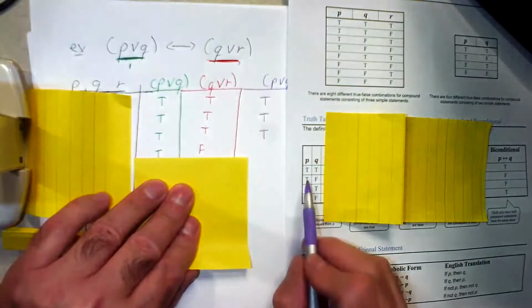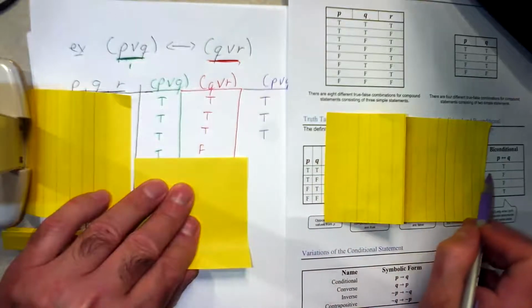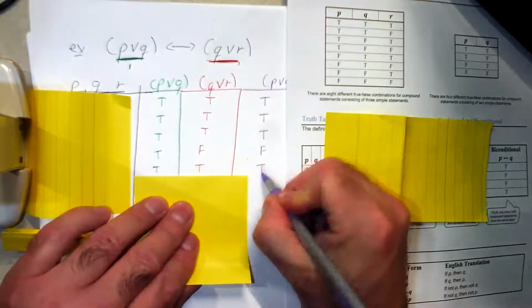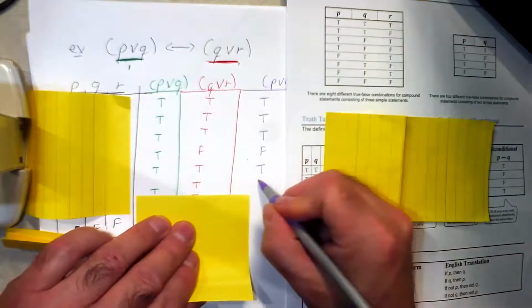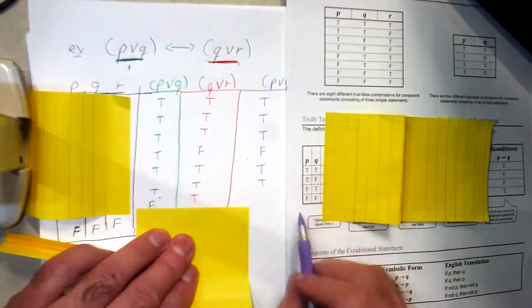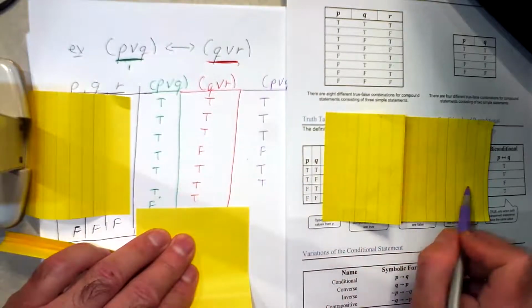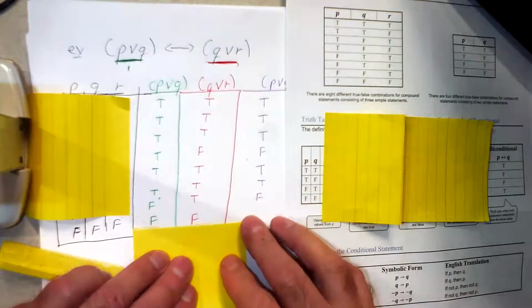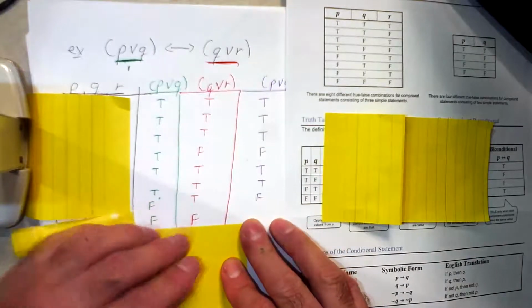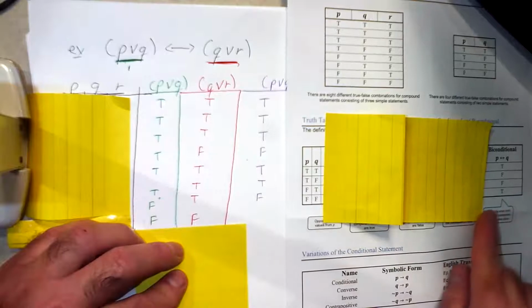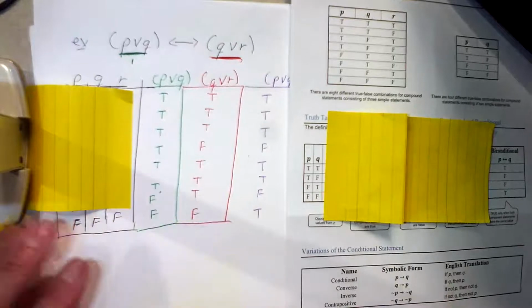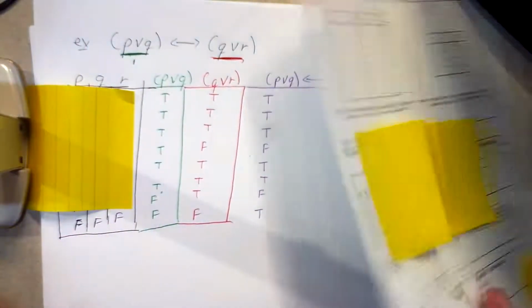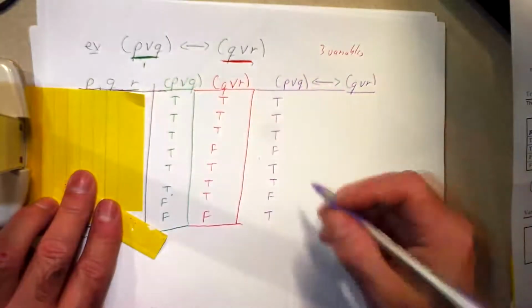TF, ooh, that's a false. TT is a T. TT is a T. FT is an F. And FF is a T. All right, and there are my truth table results for this whole expression.